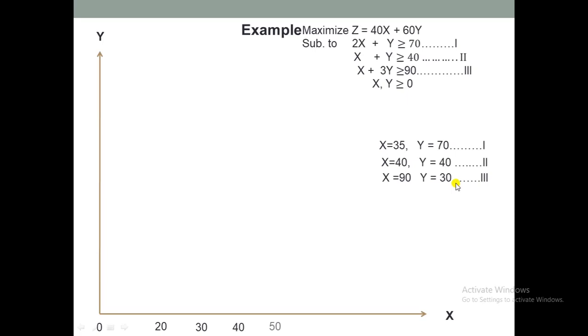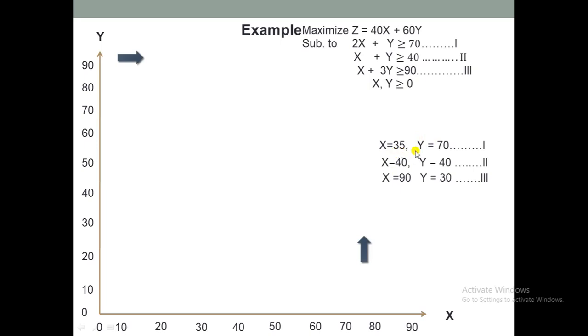So we can have y up to a maximum of 70. We have the coordinates as per the values we have got here. Now the non-negativity constraint is x, y greater than or equal to 0, so all the points are going to be in the first quadrant only. Now let's plot the equations along this graph.